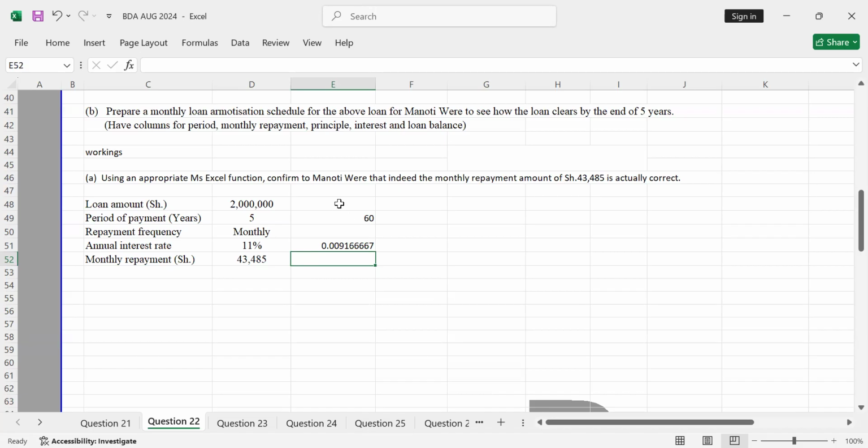So now, this is what we call the installment payments, and therefore you can say equals, and then you type PMT.